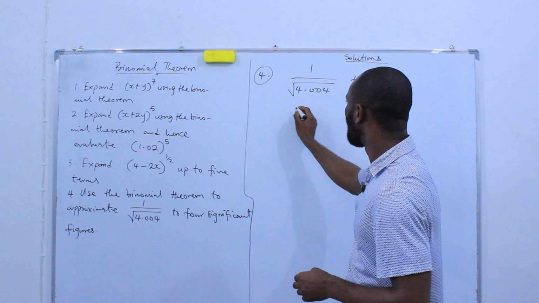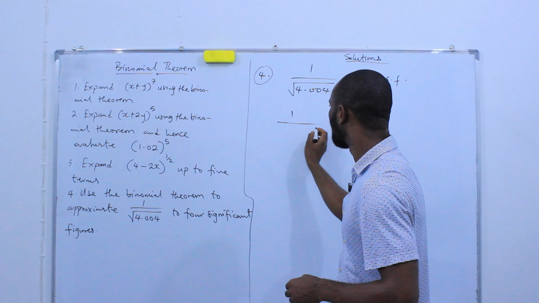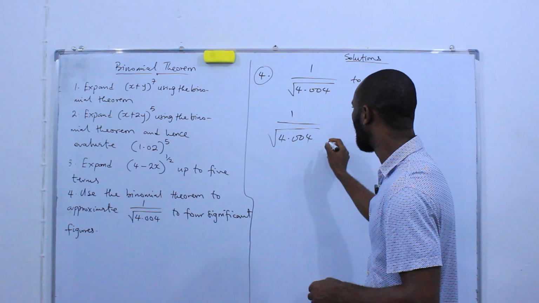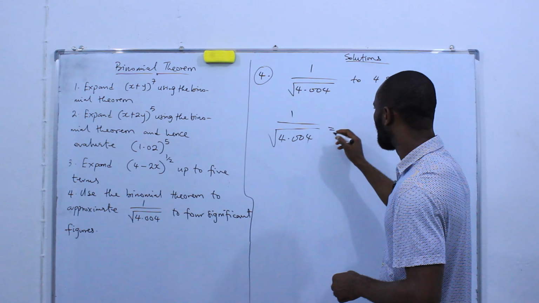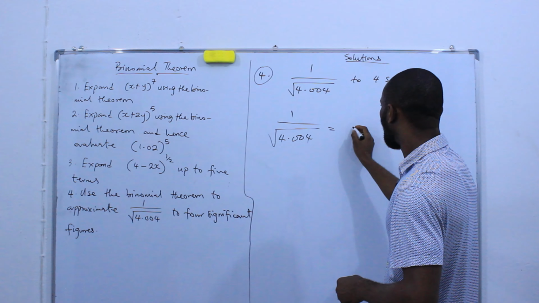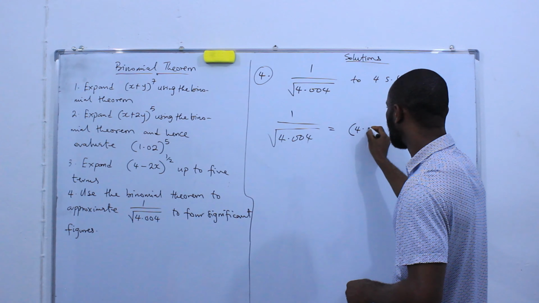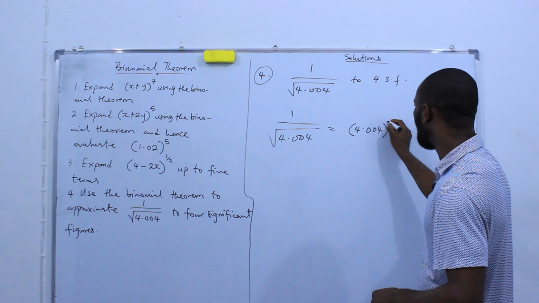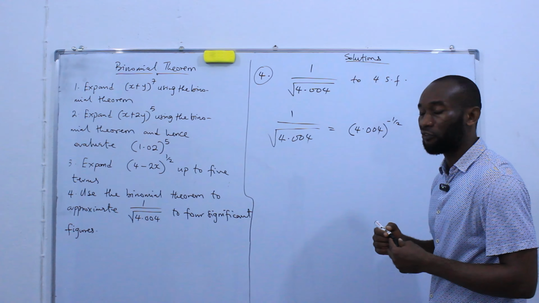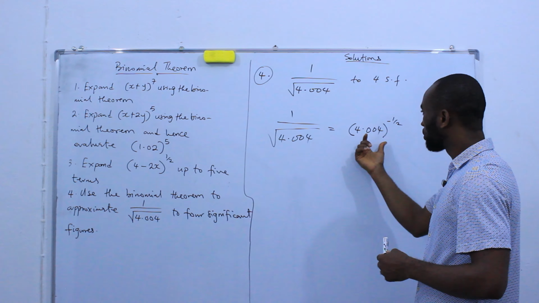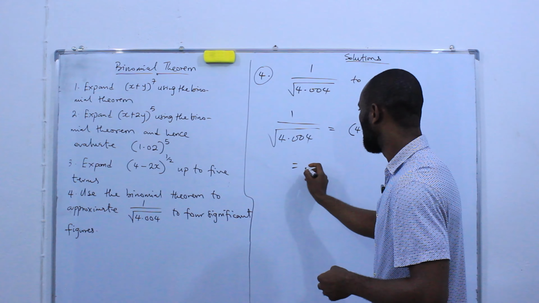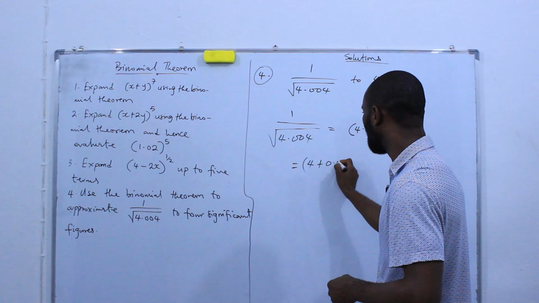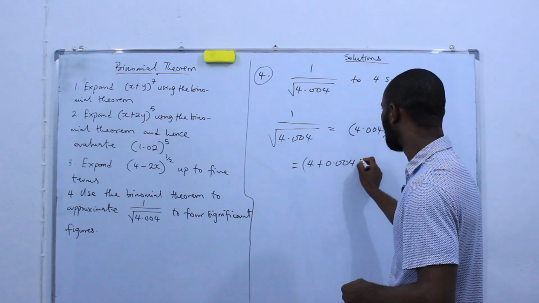If I set 1 over the square root of 4.004 as, in brackets, 4.004 raised to the power minus half by the law of indices, we can now look at this as separating the integer from the decimal fraction.